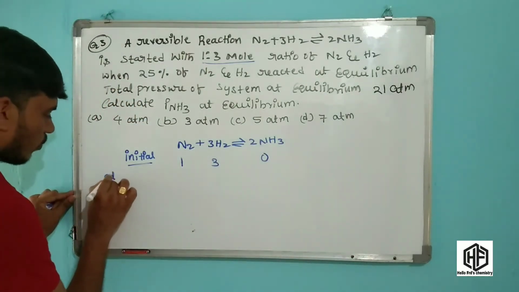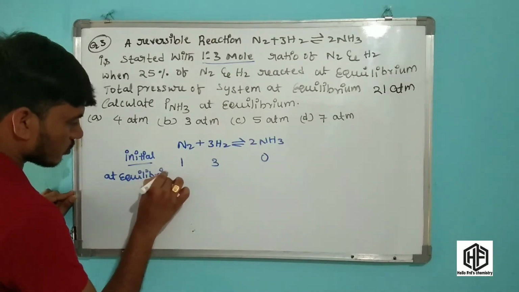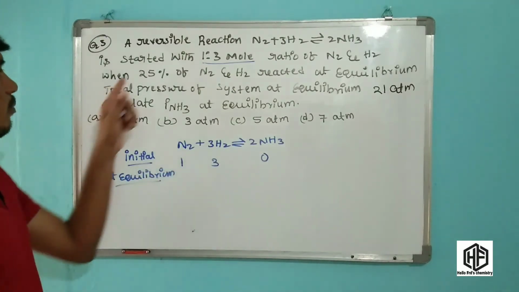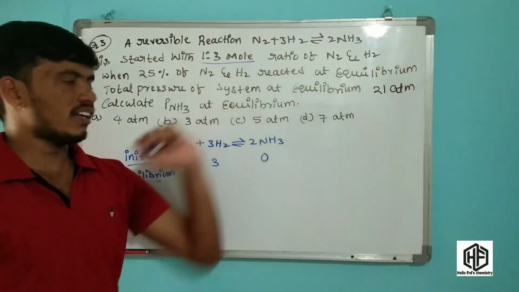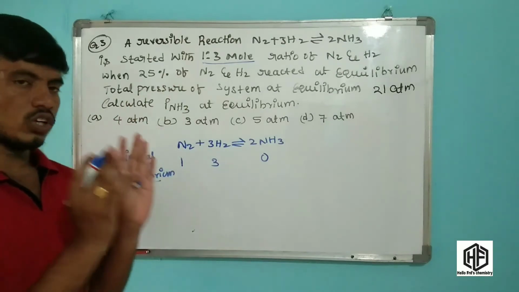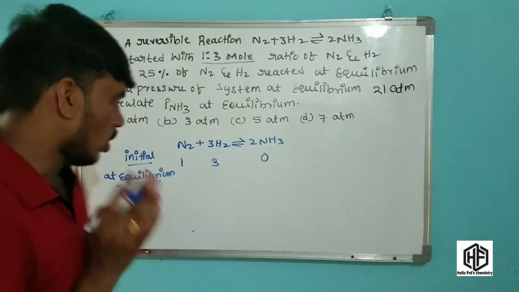Now at equilibrium, what happened, friends? At equilibrium, 25% of N2 and H2 has reacted. N2 is 25% reacted and H2 is 25% reacted.